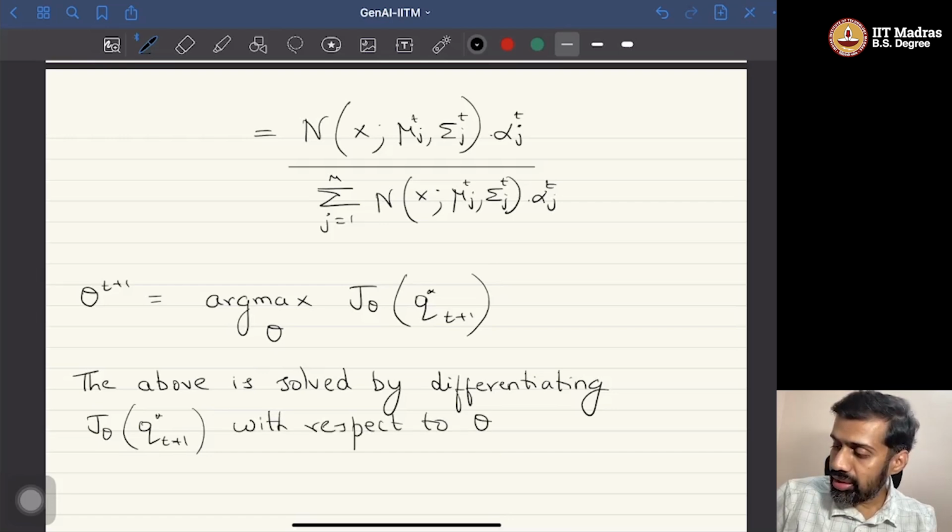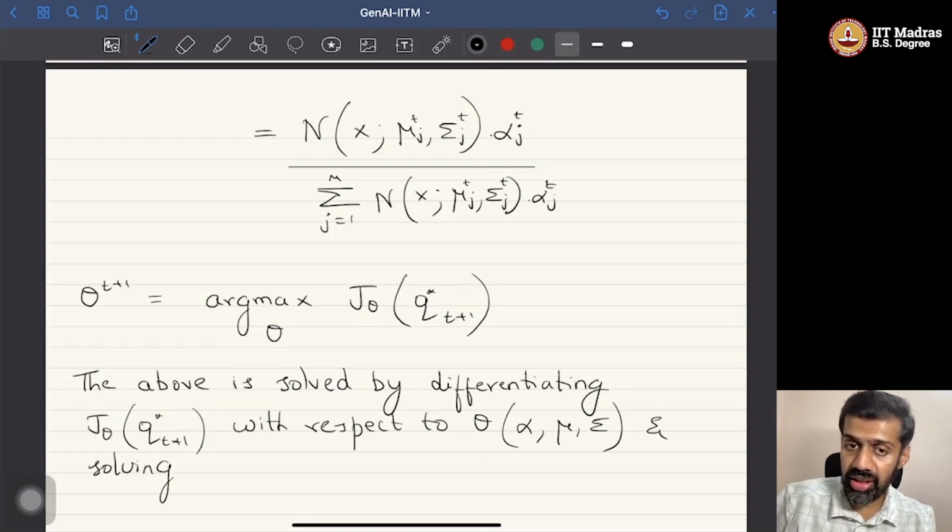We know that theta here is alpha, mu and sigma, and solving for them, that's all. So this is a simple optimization using the gradients made to be 0 and solving for theta. Okay, I will skip the algebra.